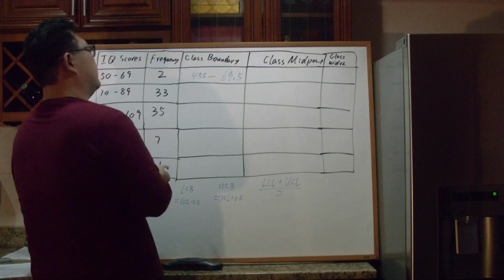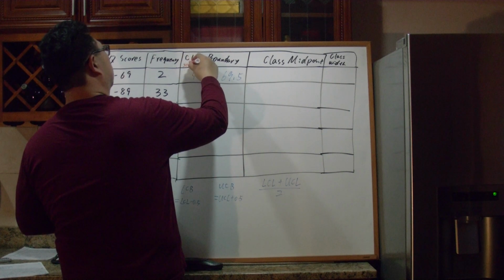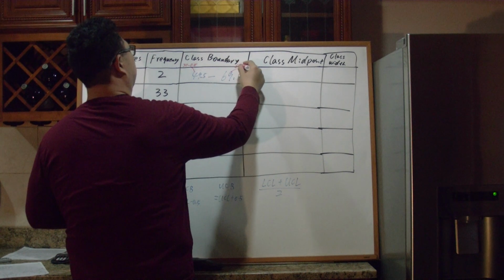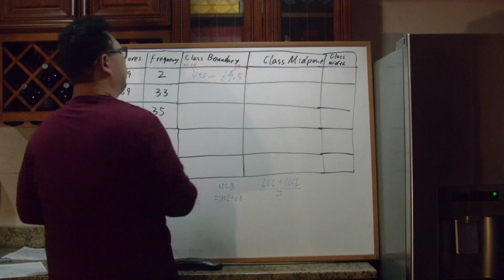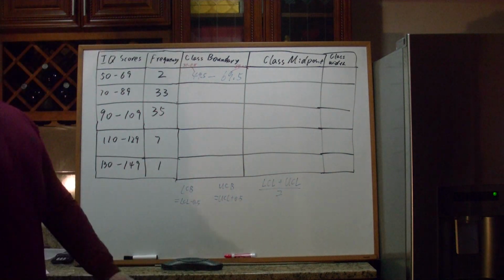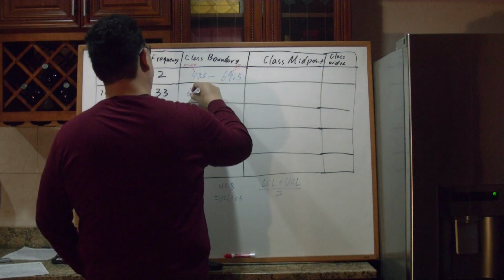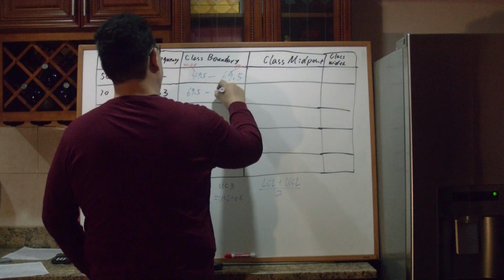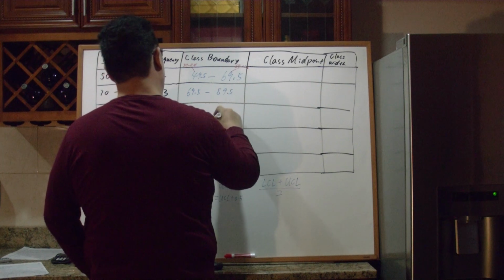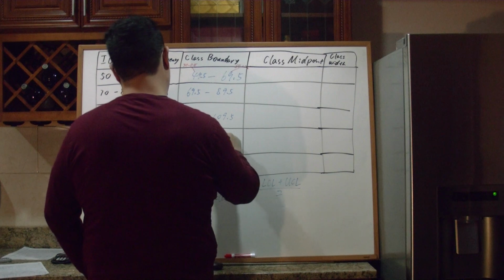We can see that this 49.5 is simply 50 minus 0.5, and 69.5 is 69 plus 0.5, the calculation we do for the lower and upper limits. Then the next one will be 69.5 to 89.5, then 89.5 to 109.5.